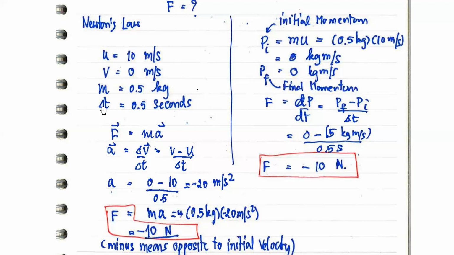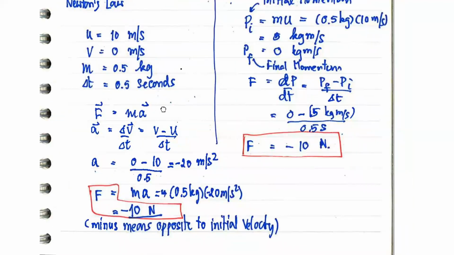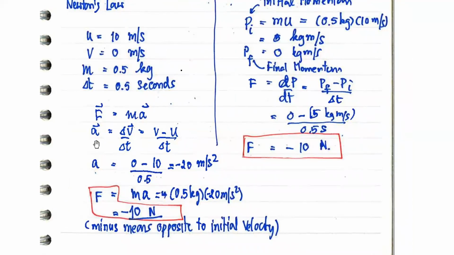So the total time it took to stop is 0.5 seconds. So according to motion, acceleration is the rate of change in velocity, this is an average acceleration. So it's the final velocity minus initial velocity divided by the time, and it is 0 minus 10 divided by 0.5. So the acceleration is minus 20 meters per second squared.